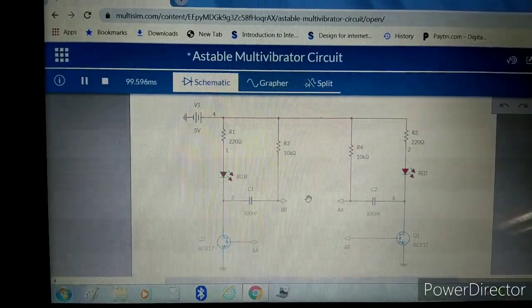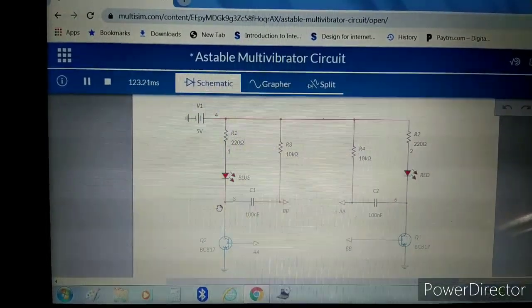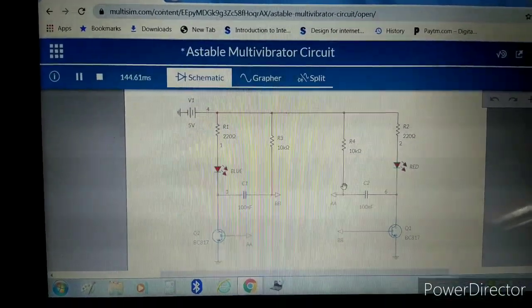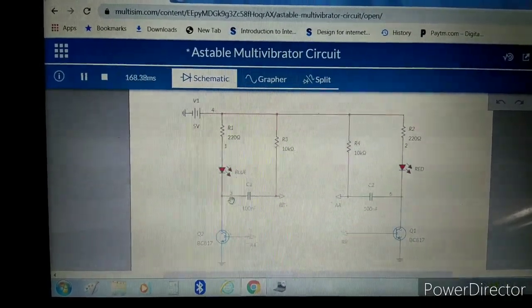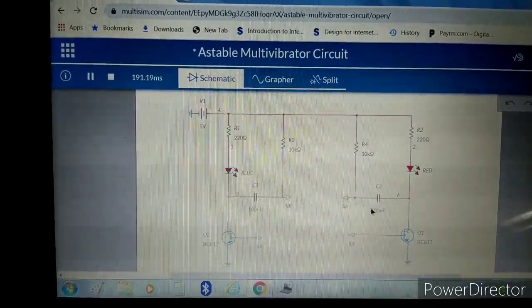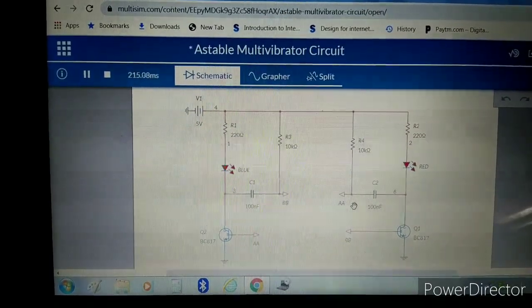This way the circuit works. One more thing I want to add, regarding the calculation of these RC combinations, I put a link in the description of a website where you can find out the calculation of this RC circuit.